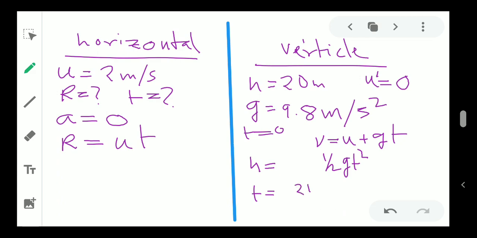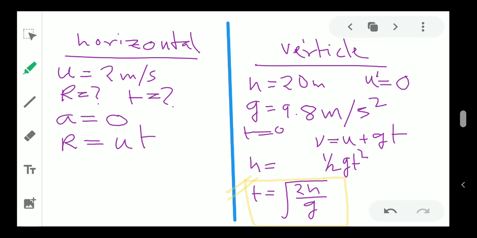So it will be t equals root of 2h by g, and that will give my answer, because it was asked that before Devin catches the ball, how long the ball will be in the air. So this will give me very easily how long the ball will float in the air.